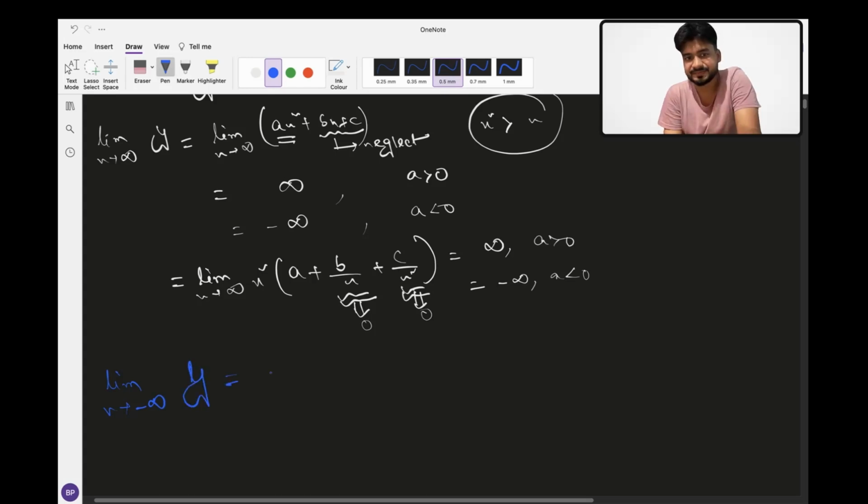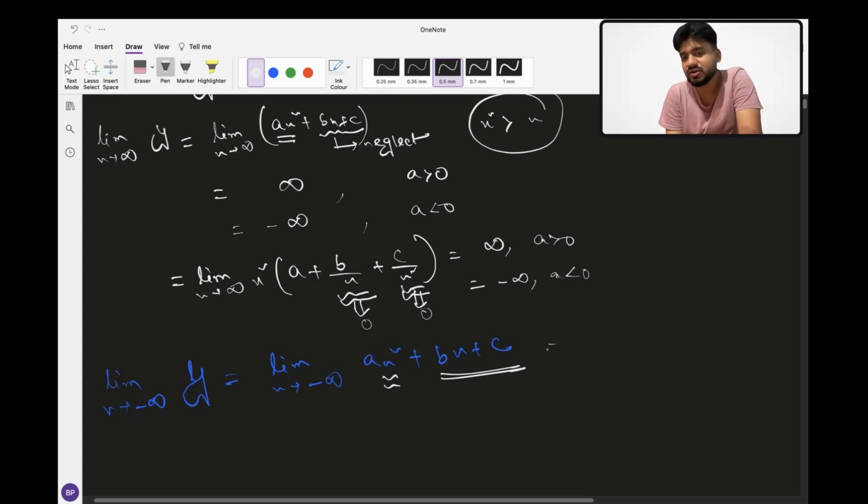Now, for x tends to minus infinity, that means when the value of x is very small, what will be y? This will be ax square plus bx plus c. Again, it is the same thing because it has x square. So either it's infinity or minus infinity, it does not matter. It will have the same value and we can neglect these terms with respect to this. So it will be infinity for a greater than 0 and minus infinity for a less than 0.